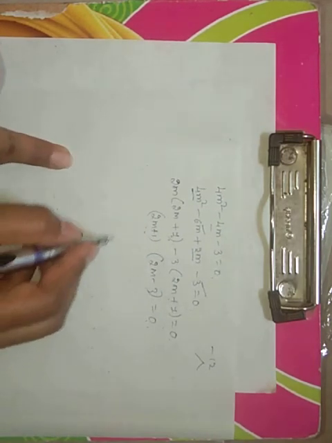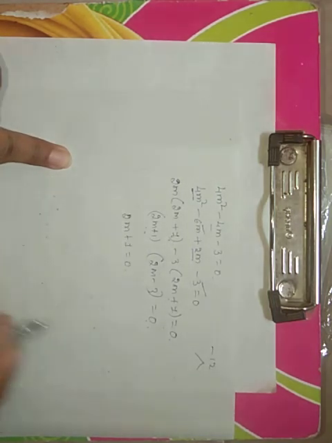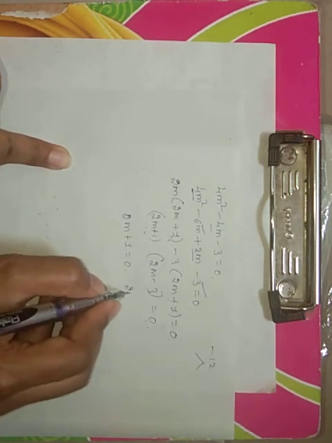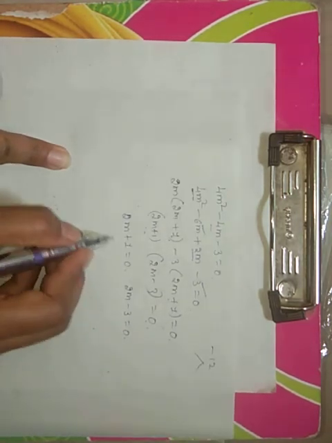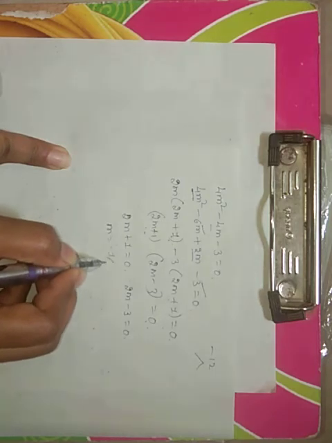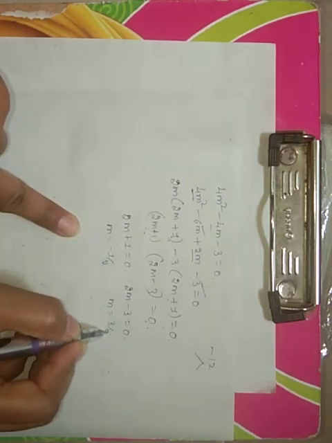In the last two terms take minus 3 common, the remaining is 2m plus 1. So (2m + 1)(2m - 3) = 0. Equate both terms to 0: 2m + 1 = 0 and 2m - 3 = 0. So m = -1/2 and m = 3/2.